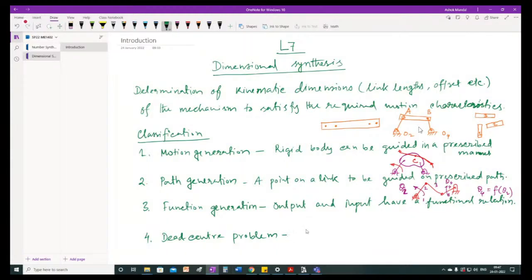the fourth one is the dead center problem. This is to generate a prescribed dead center configuration.